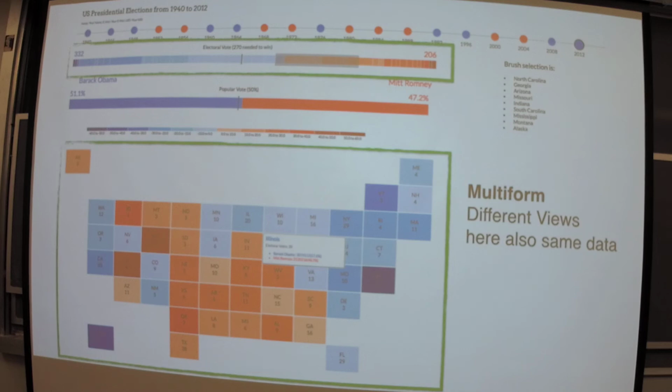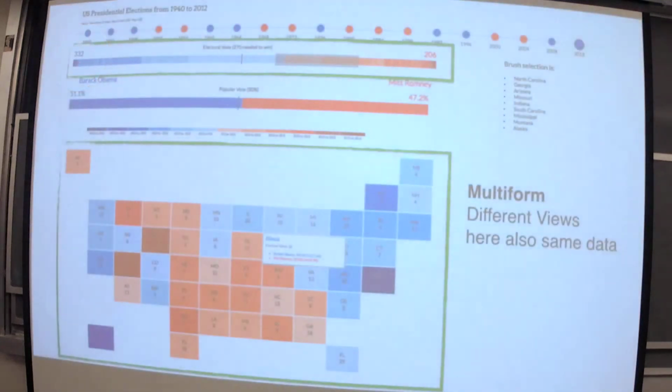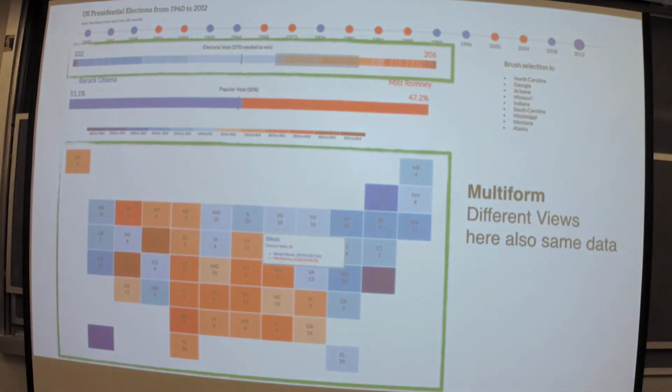Here's another example: an electoral map. This was a homework a while ago. We're not going to do this one. We have a cartogram where the Democratic versus Republican voter share is visualized with color. And then on top we have the same data in multiple views again, showing it in a different way.